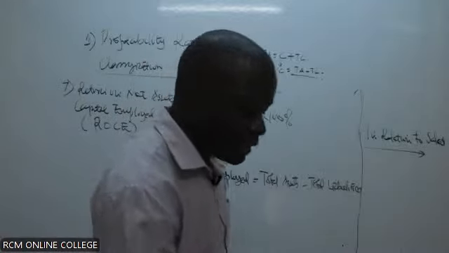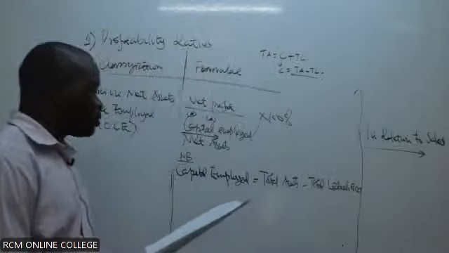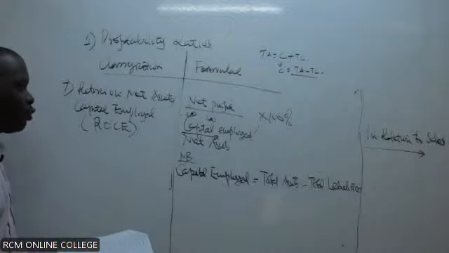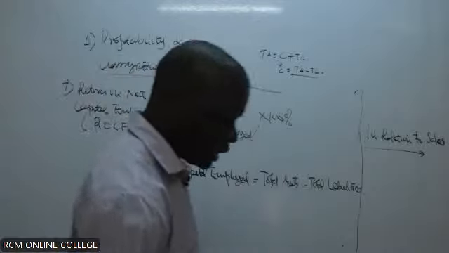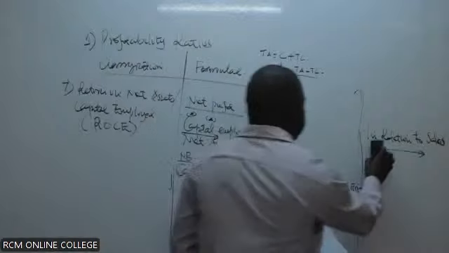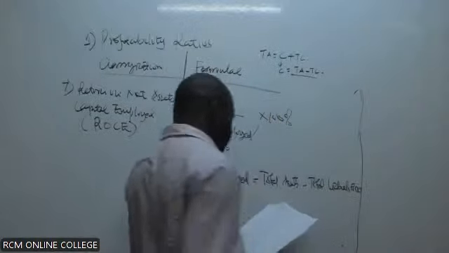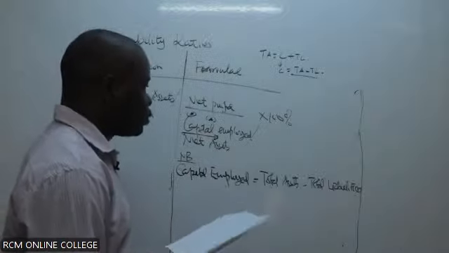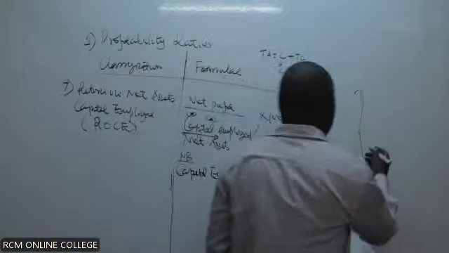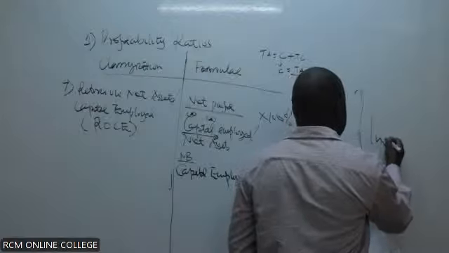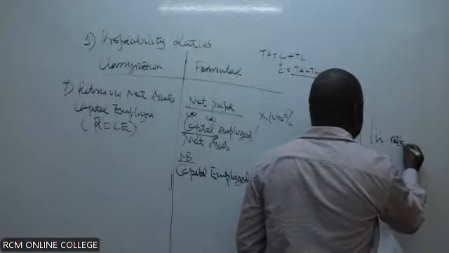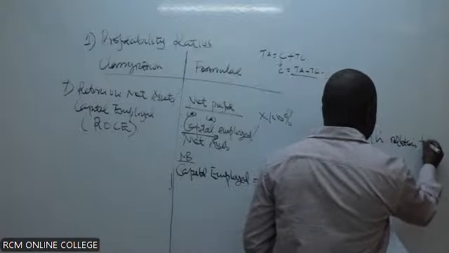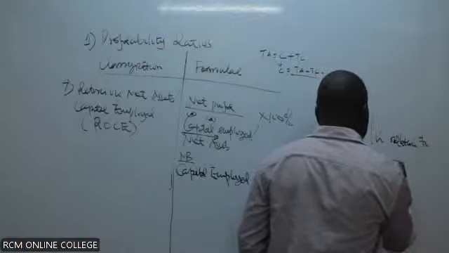So these particular ratios, the 3 of them, numbers 5, 6, and 7. Remember the previous ones were in relation to sales. So these ones are in relation to the investment that has been put in.